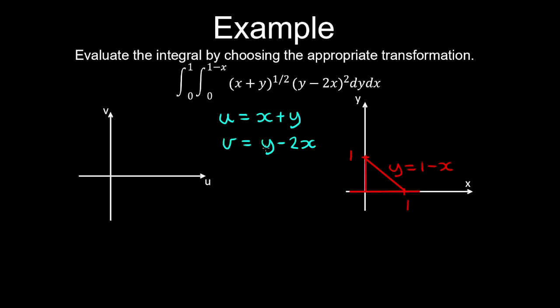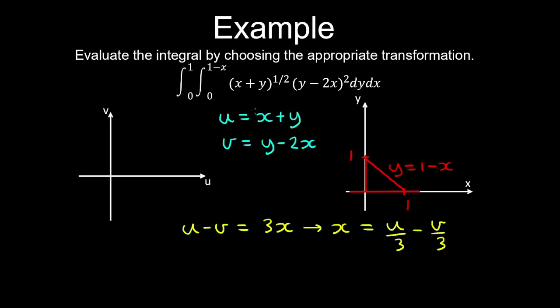And now if we subtract the two equations, we get u minus v is equal to 3x on the right hand side. So that gives x is u on 3 minus v on 3.